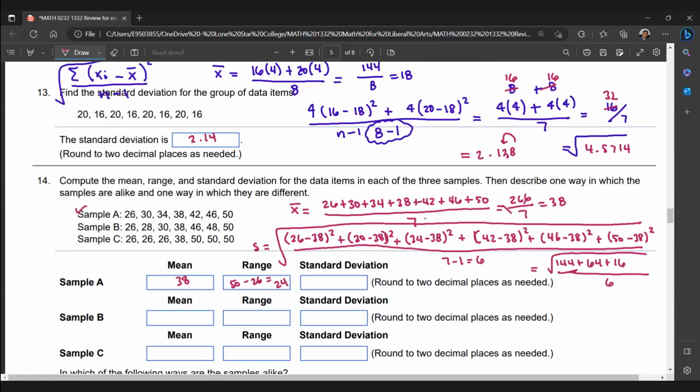That will be positive 4. Positive 4 squared, that will be another 16. I'm running out of room. And in this case, we got 46 minus 38. That's 8. That will be 64. And then 50 minus 38, that's 12. That's plus 144. Okay, so now let's go ahead and find that sum, divide by 6, and then we'll take the square root.